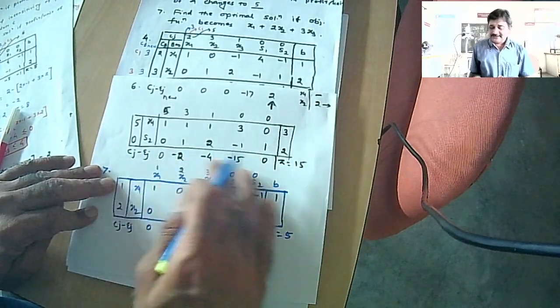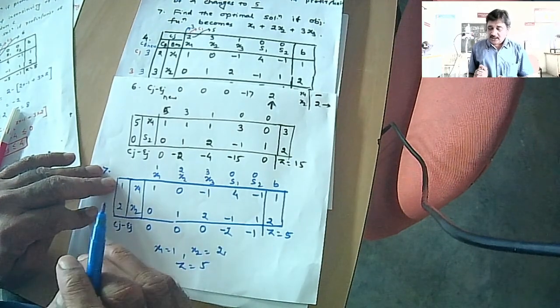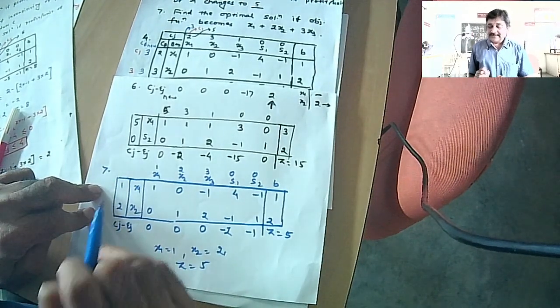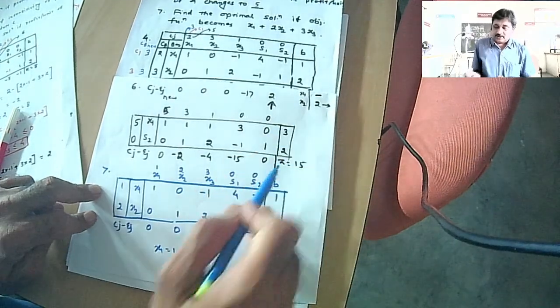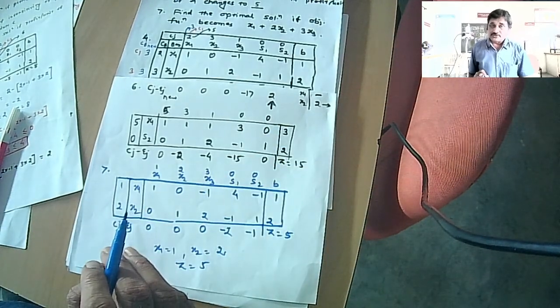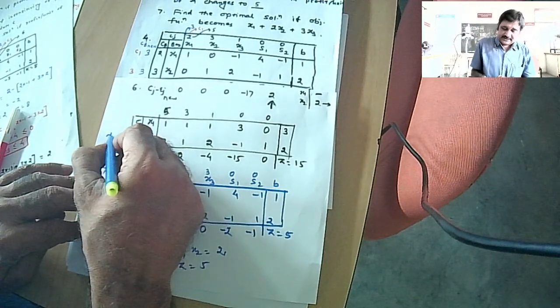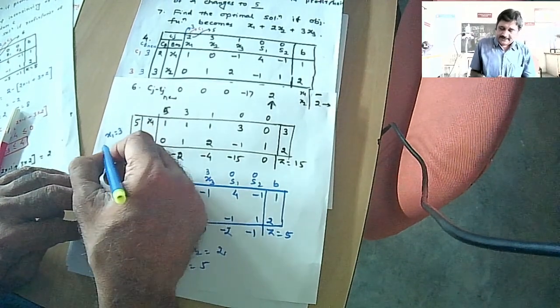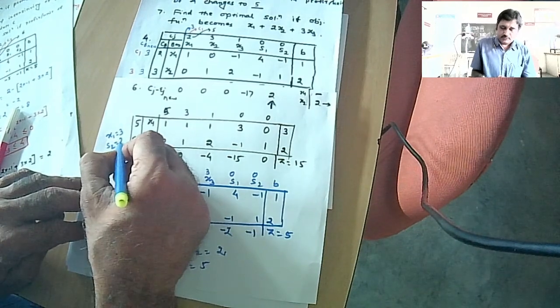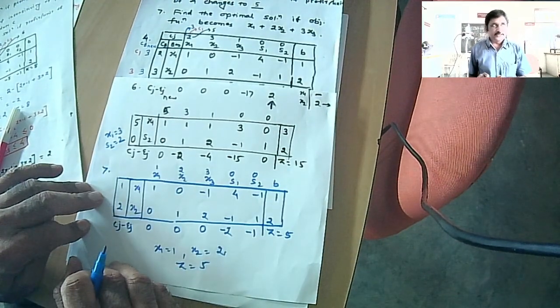So all Cj minus Ej values are coming out to be less than or equal to 0, and the B column values are positive. It means that this is your optimal solution. And what is it? X1 equal to 3 and S2 equal to 2. That's it. All right.